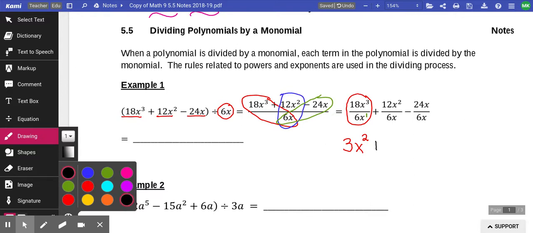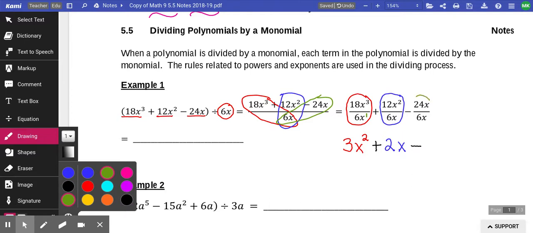Then I'm going to have a plus sign. Then I'm going to do the middle fraction. Again, numbers with numbers and letters with letters. 12 divided by 6 is 2. x squared divided by x to the power of 1 would become x to the power of 1, because 2 minus 1 is 1. Then I have a minus sign.